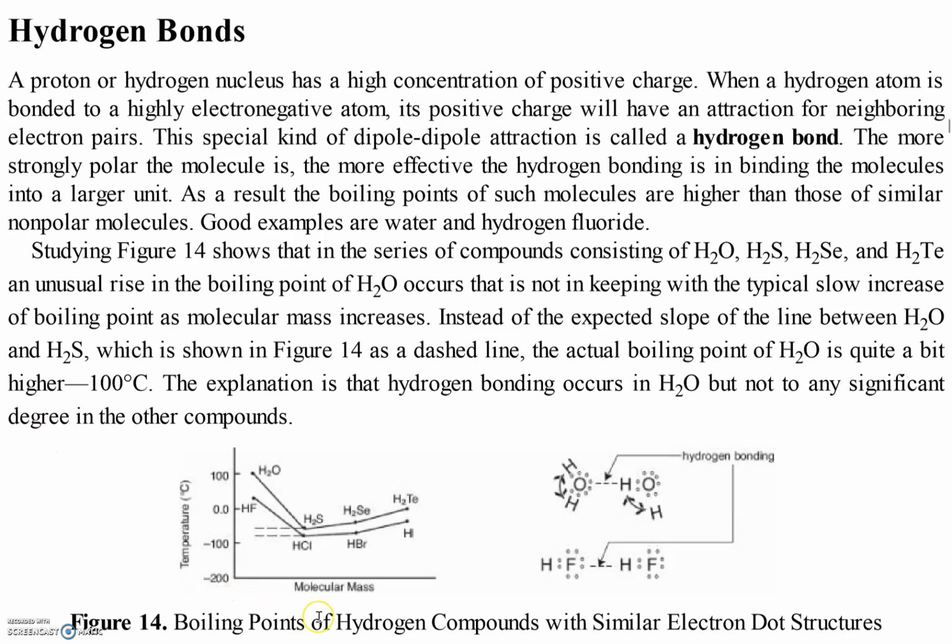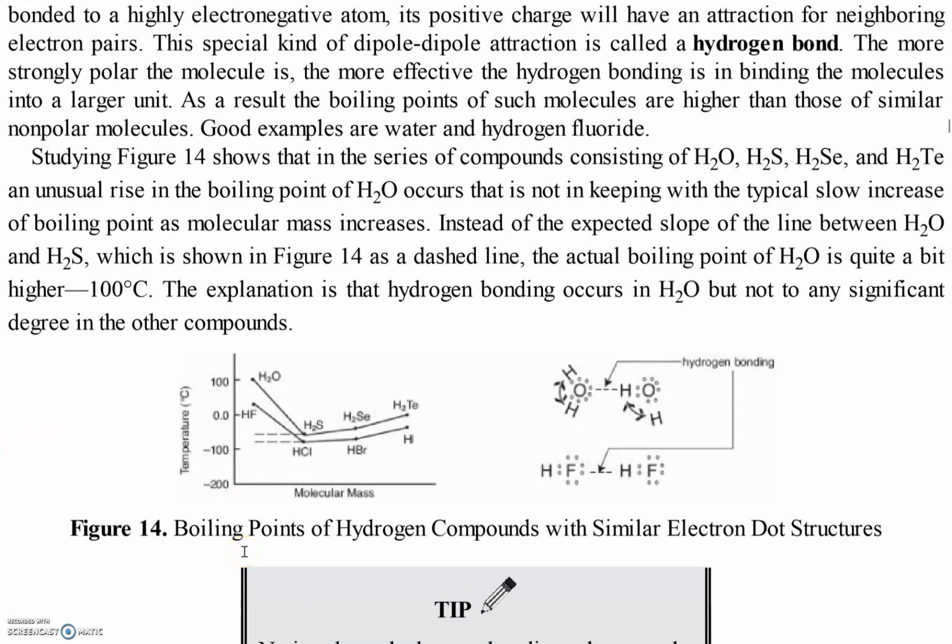So here in this graph, you can see the boiling points of many compounds containing hydrogen. HF and H2O have the same molecular mass. However, H2O needs a much higher temperature to become a gas. Why? Because the hydrogen bonds are keeping the molecules more together.